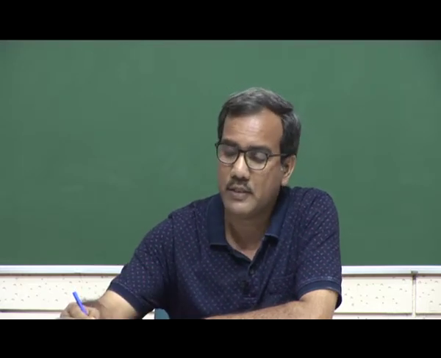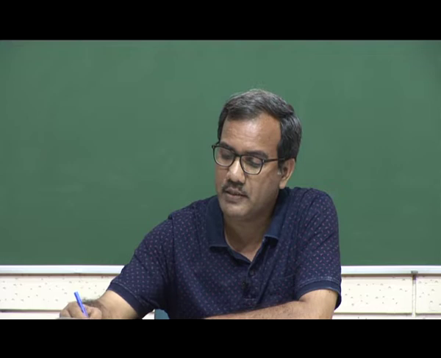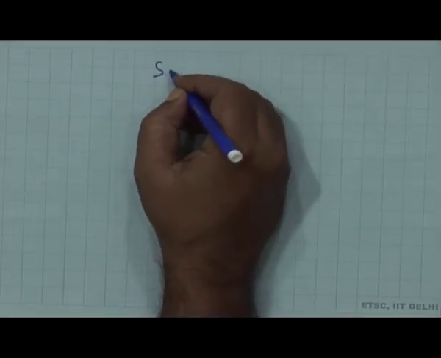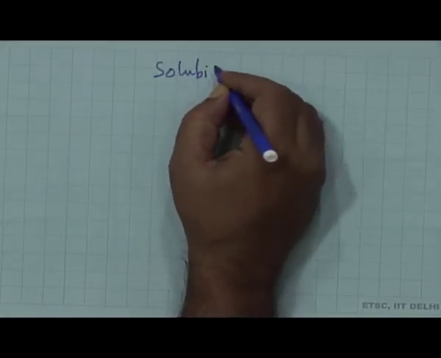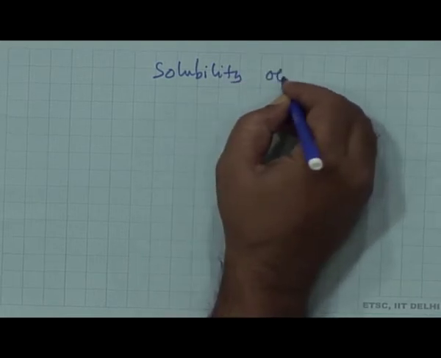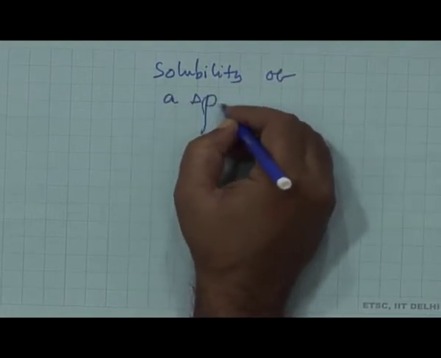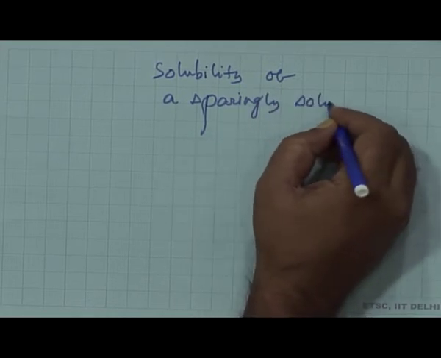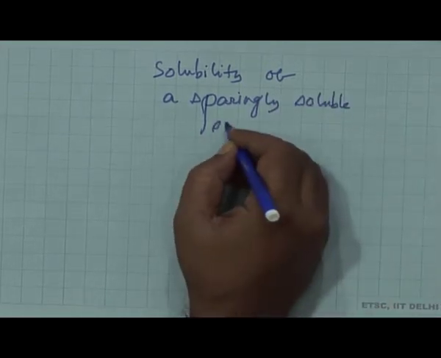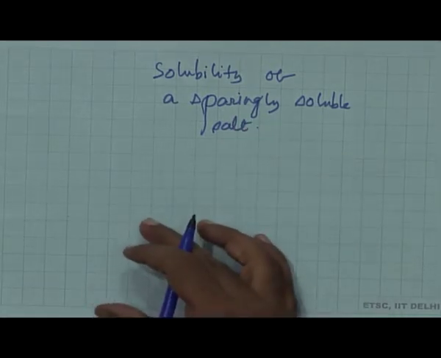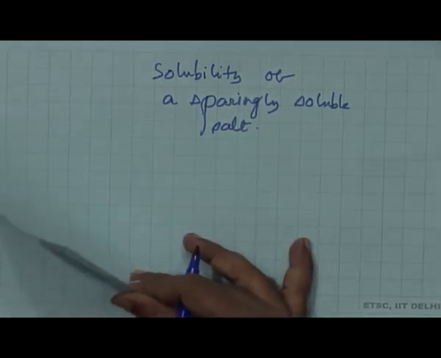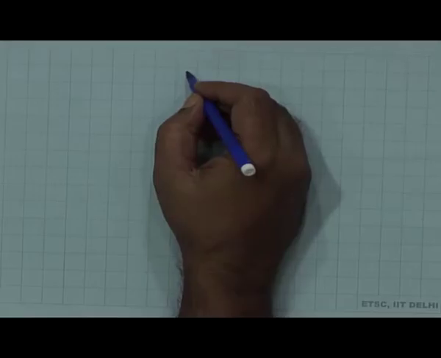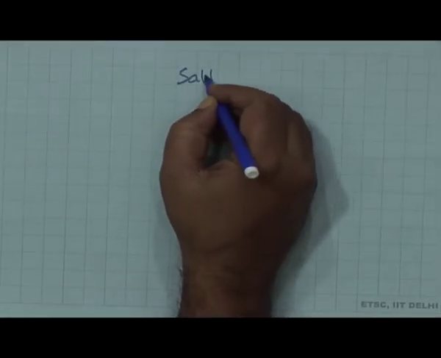The next application of ionic equilibrium is calculating the solubility of a sparingly soluble salt. Salts are of three types.